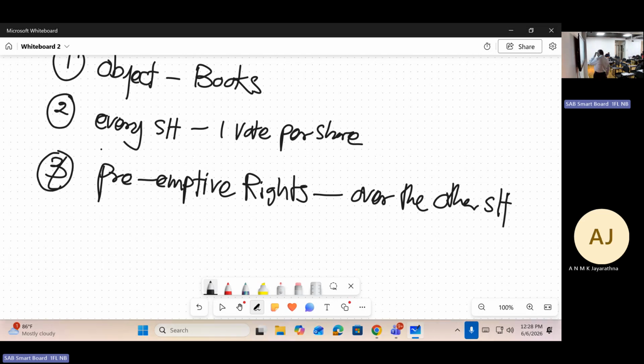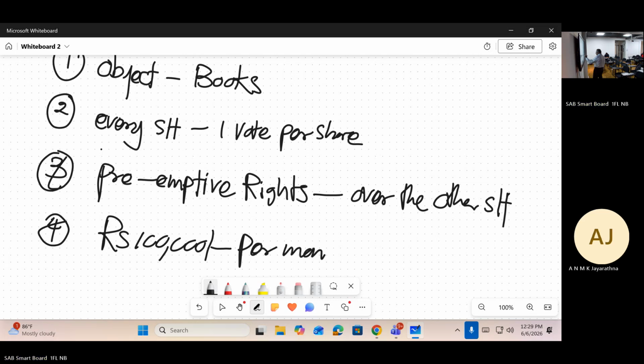Then, management and administration, provisions with regard to management and administration. Now in this company, ABC Limited, the articles say every director is entitled to receive 100,000 rupees per month as remuneration, a monthly salary.